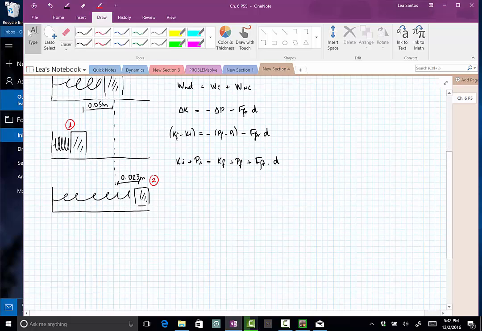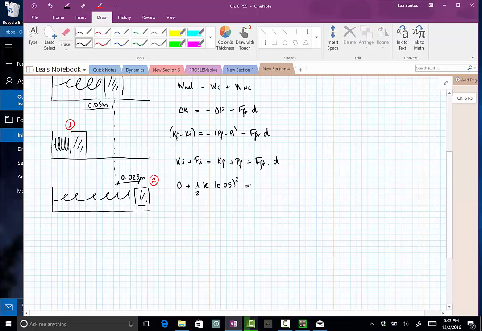Okay, so we start the motion by compressing this spring. Once we compress it 5 centimeters, we have no speed. So the initial kinetic energy is just 0, but we have a lot of elastic potential energy given by 1/2 k x squared. x is 0.05 in our case. Okay, on the right side, what do we have?